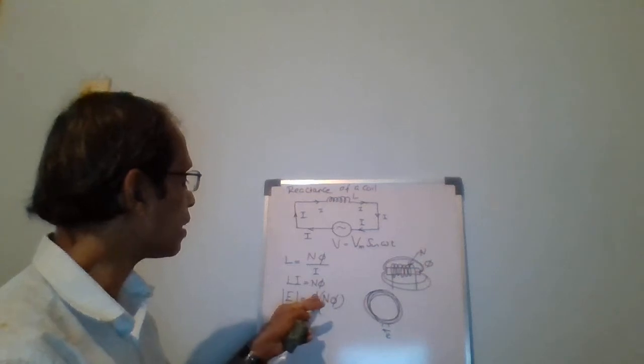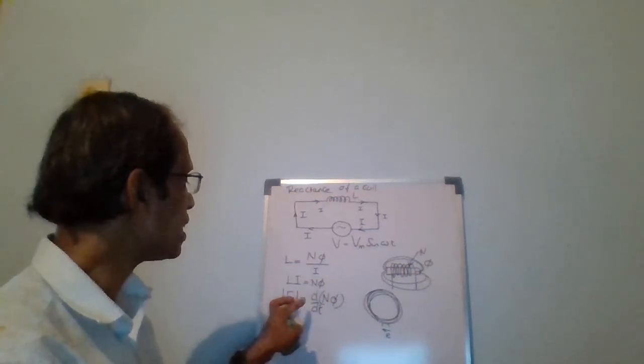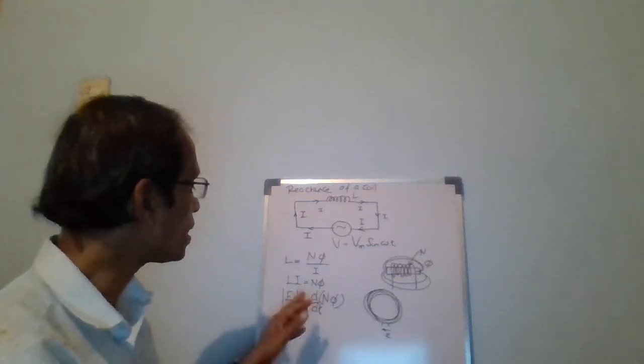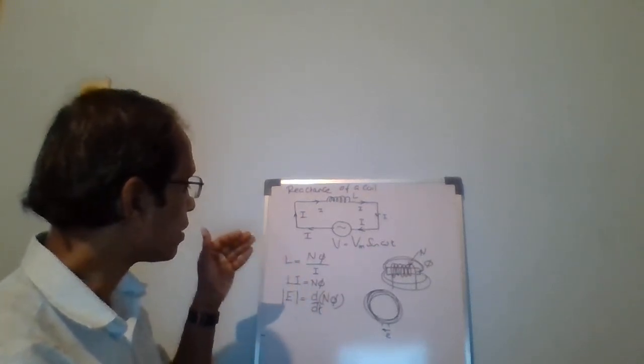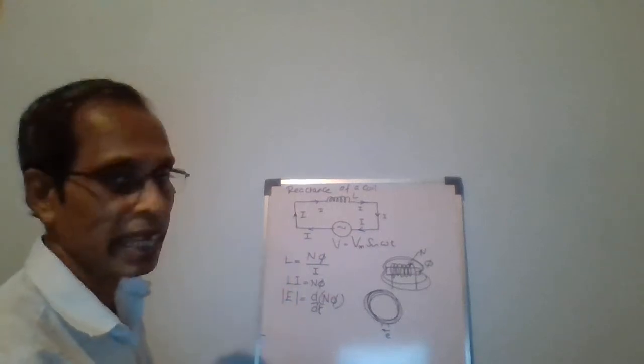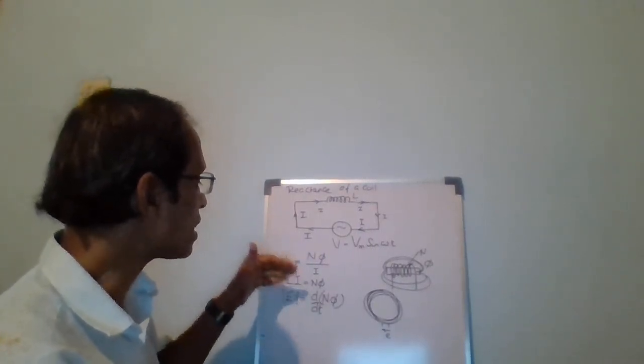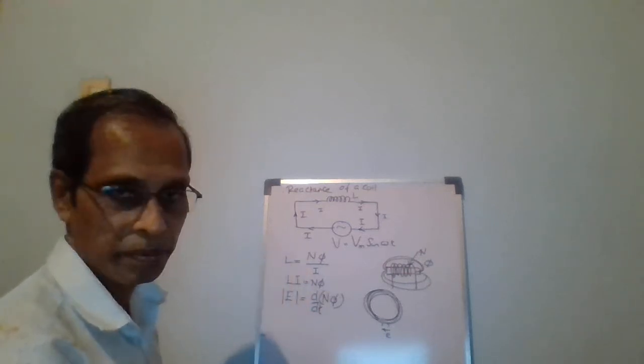Then we can write modulus of E is equal to d(N phi)/dt. Rate of change means the change of flux linkage per unit time, that is d(N phi) over dt.